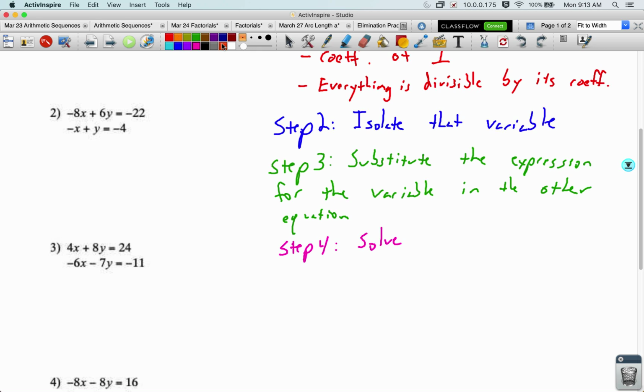I'm just going to really quickly summarize this. Step 5, substitute the value. Step 6, solve again, or solve for the other variable.